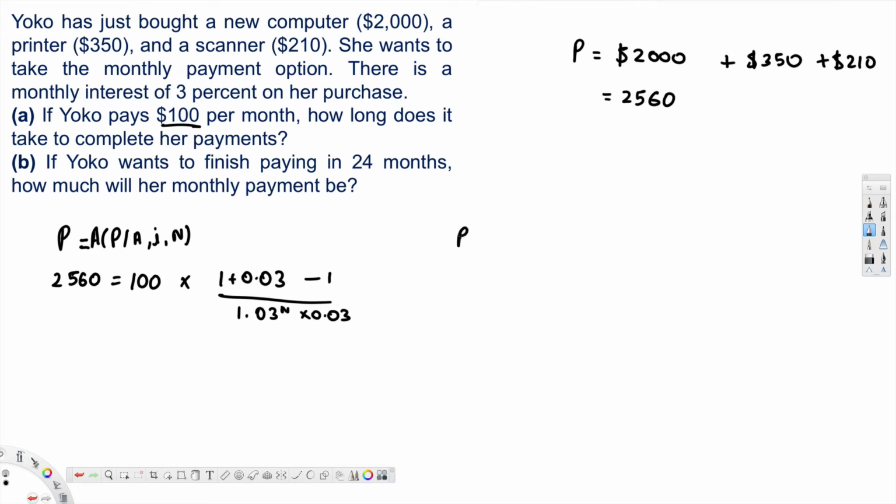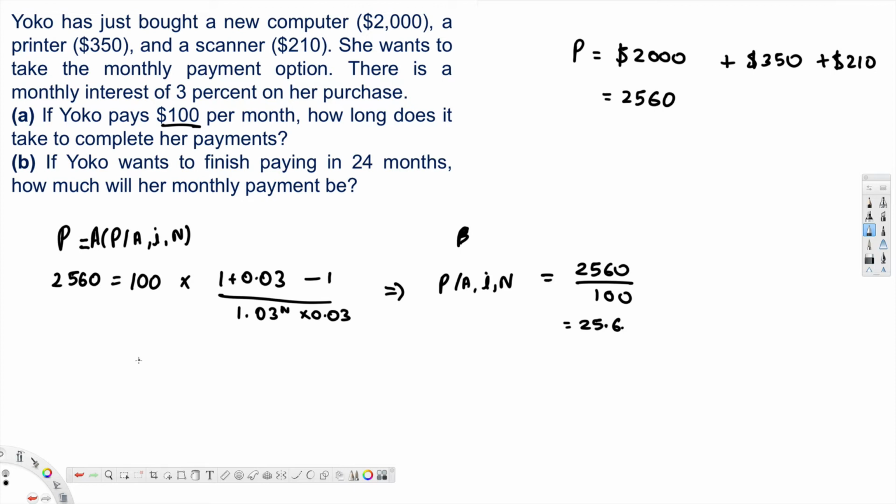Now if we rearrange this one, that will give us P over A, i, n is equal to 2,560 divided by 100, that is equal to 25.6.